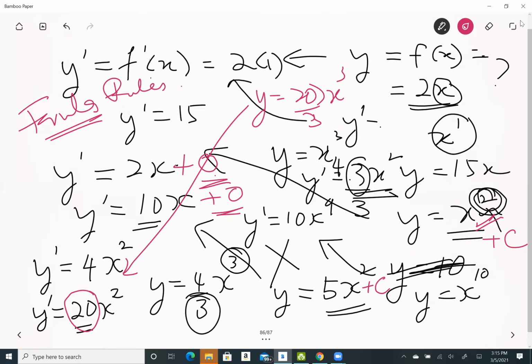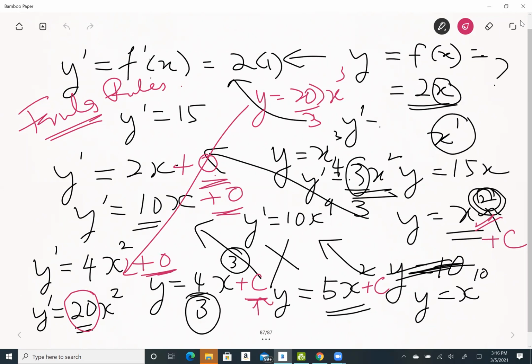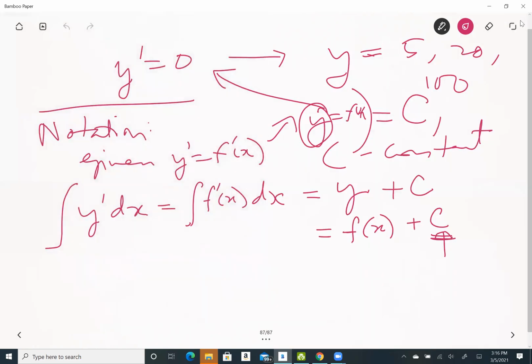The function that I differentiate is 4 over 3 x cubed, but it's always plus a 0 there. So therefore, you plus c. So now the rule is what? You always add c to the integral, but the 0 you don't need to write. Okay, because it's a 0. You got the idea why you put the c there? So that's the notation. Okay, any question? No, sir. Okay, good.